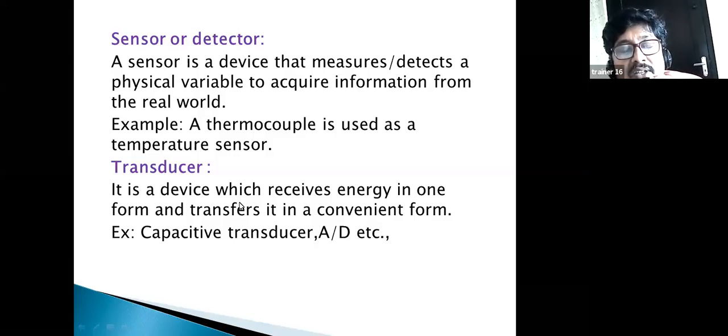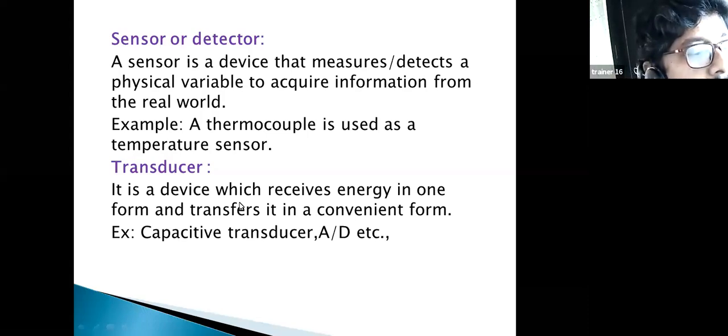An engine converts one form of energy to another. It receives chemical energy, that is fuel, and converts it into mechanical energy. Take a motor: electrical energy into mechanical energy. There are so many transducers. A transducer is nothing but a device that converts one form of energy into another form of energy.